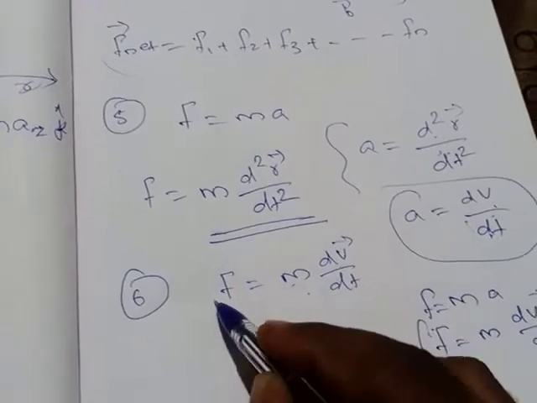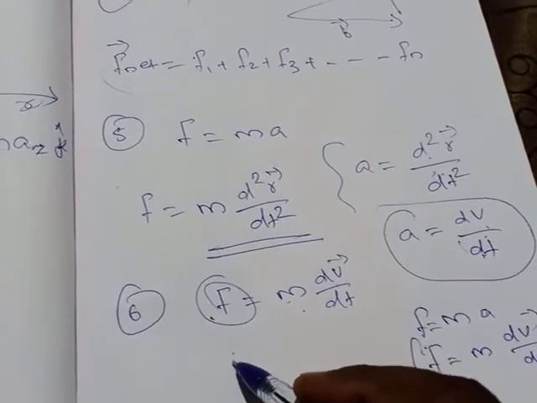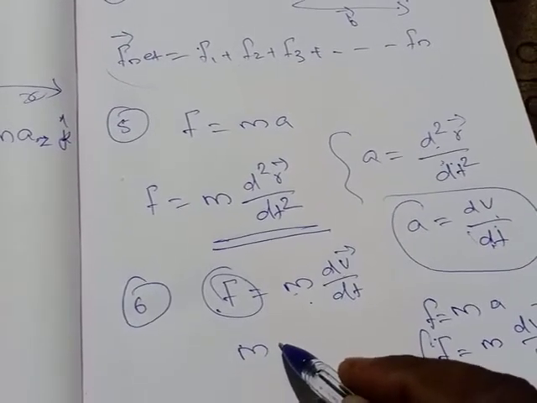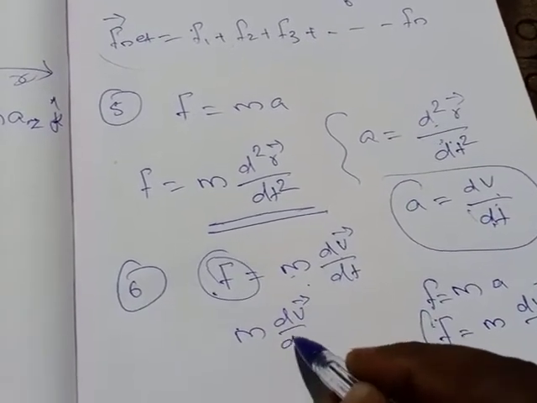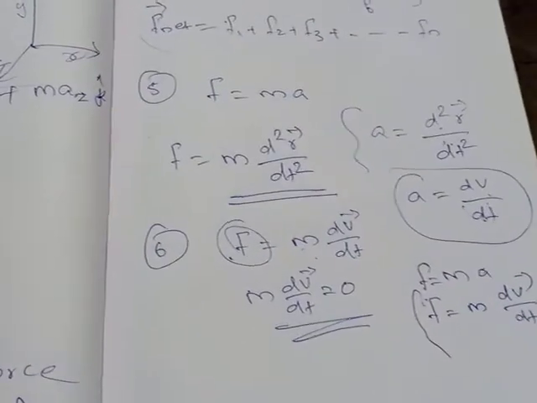So if there is no force acting on the body, force zero means m dv by dt is equal to 0. This is the sixth point.